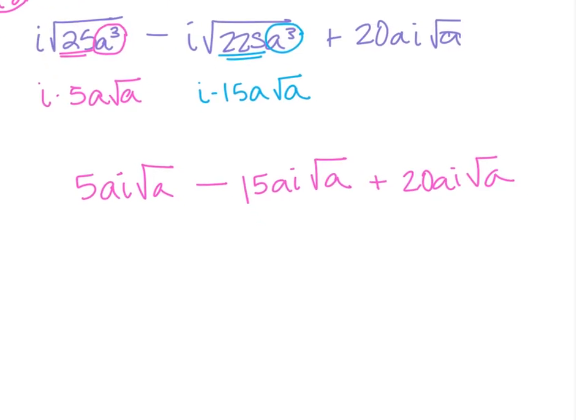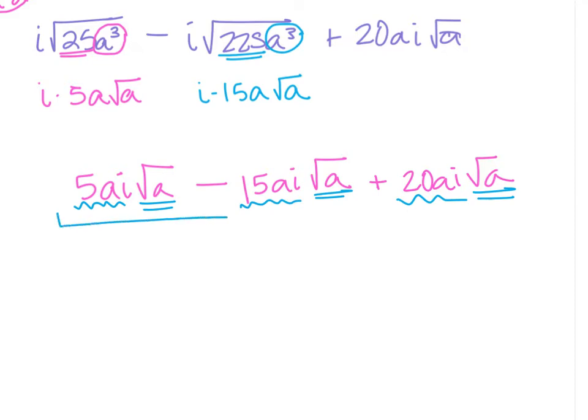Alright, so we are adding and subtracting 3 terms. We got this one, minus this one, minus this one. And because they all have the square root of a, these are possible like terms. We have to look at what's out in front. This is a 5ai minus a 15ai plus a 20ai. Because they all have the ai, we can go ahead and put these together.